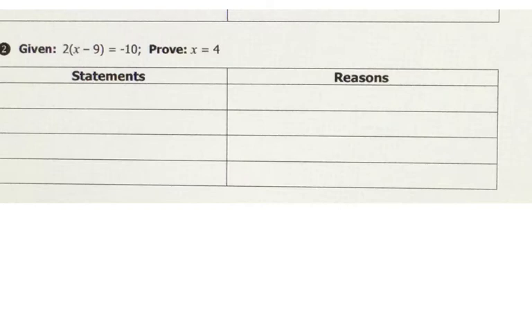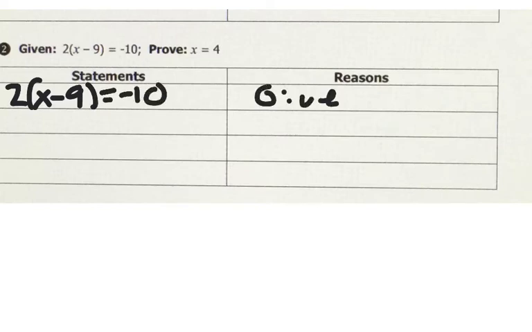What's the first statement? The statement is the given. So we're going to write down the problem. And the reason is it is given. I like that. All right. Then what would be the next thing? Good whispering over there. What would be the next thing we would do?